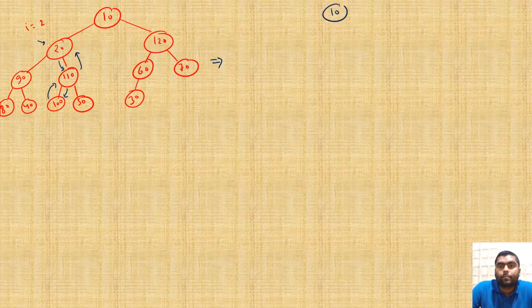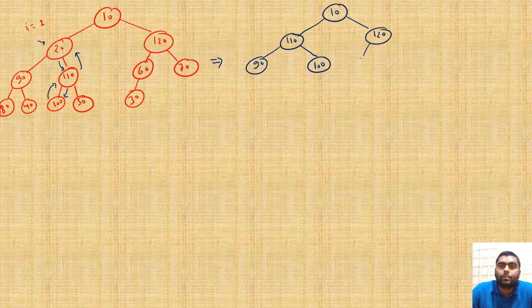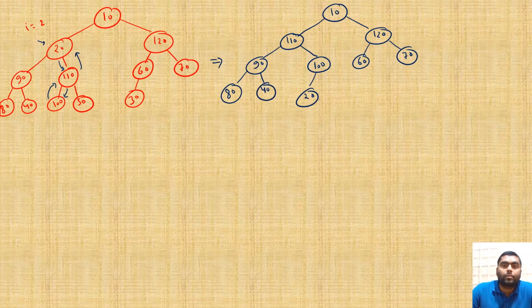So 10 at the root, 110 and 100, and left is 90 and right is 120, 60 and then 70, and then 20 will be at the downside, 20 and 80 and 40.